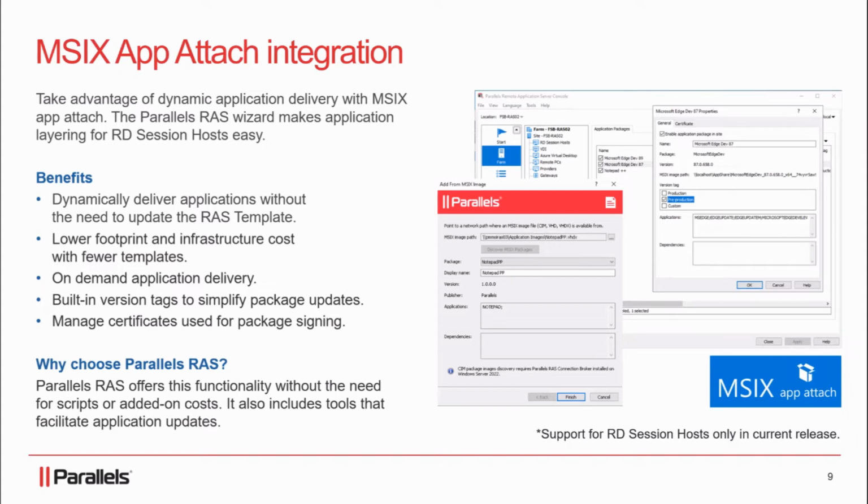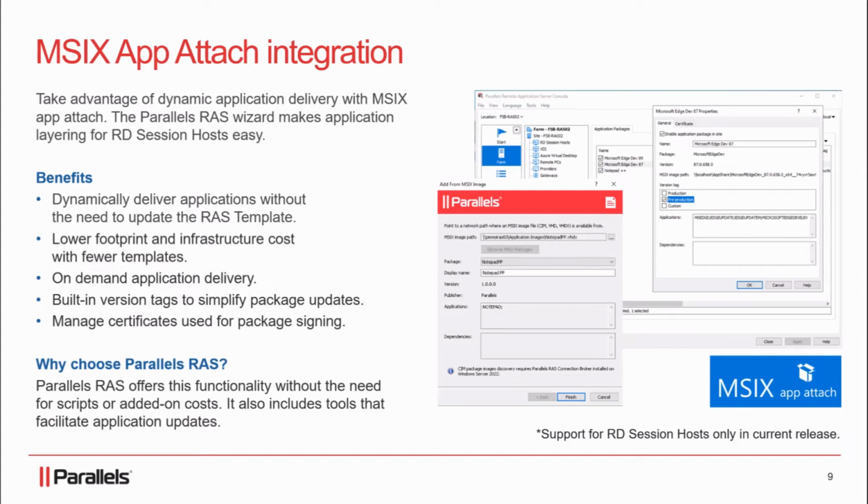Parallels RAS can help you deploy the routes to the session hosts so that the packages will be trusted. If the certificate trust between the session host and the package cannot be established, the package will not mount and run, so you lose access to those applications.